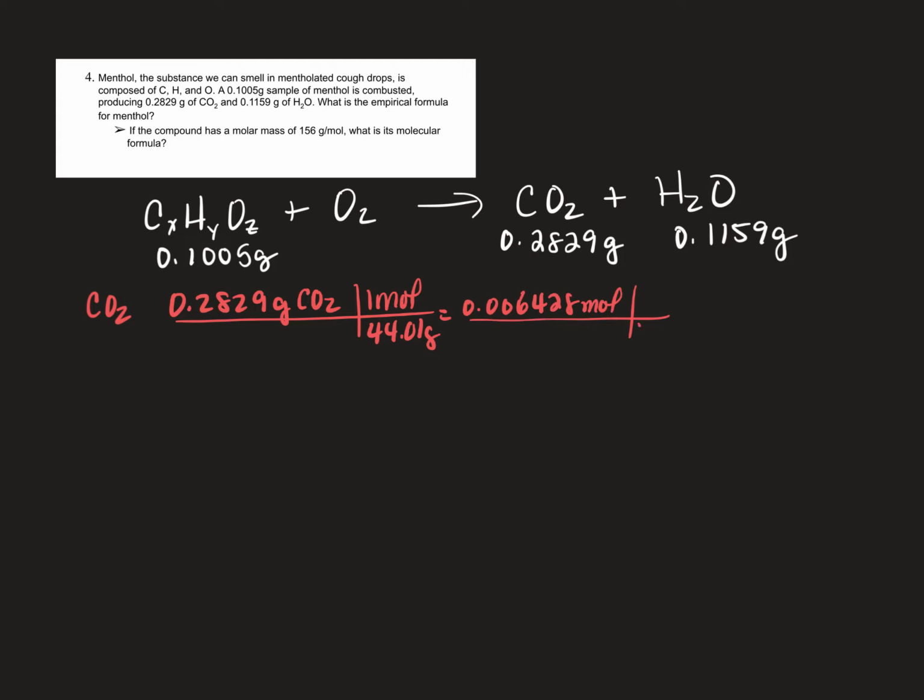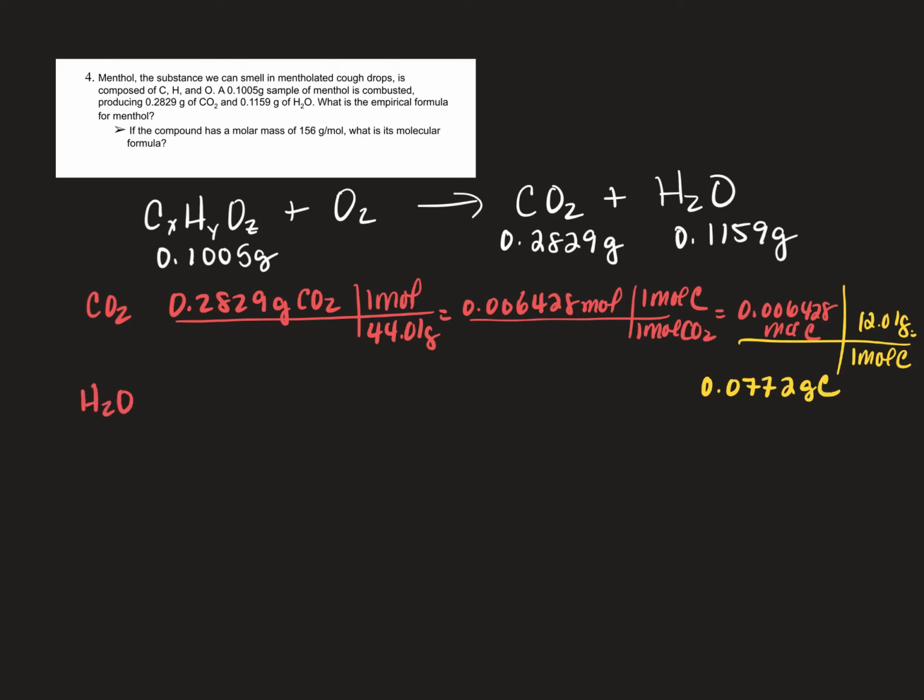And I know for every 1 mole of CO2, there's 1 mole of carbon. So that gives me 0.006428 moles of carbon. And then I know for every 1 mole of carbon, there's 12.01 grams. So that gives me 0.0772 grams of carbon.